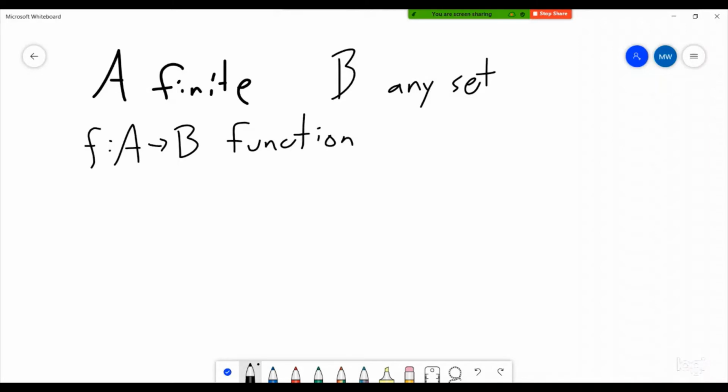And then consider f as a set of ordered pairs. Conclude that that means that the cardinality of f is equal to the cardinality of A. Is that the problem you're thinking of? No, I'm trying to find it, sorry. Okay, you're good. It's 25 number 3, sorry. 25 number 3. Okay, not a problem.